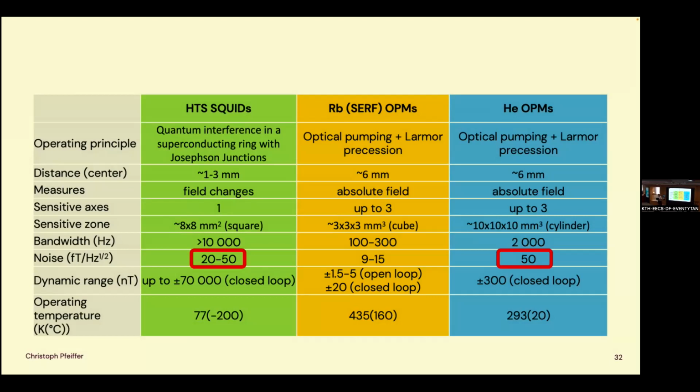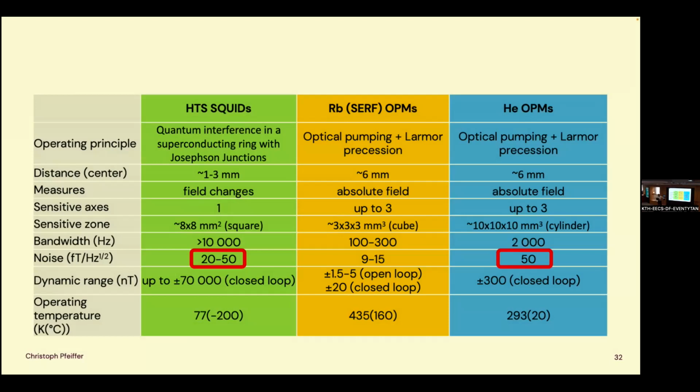Yeah, first of all, the noise, of course, is higher. I very quickly mentioned that. This is specifically for high temperature squids and for helium OPMs. Just as a reference, a conventional squid sensor is on the order of 3 femtotesla.